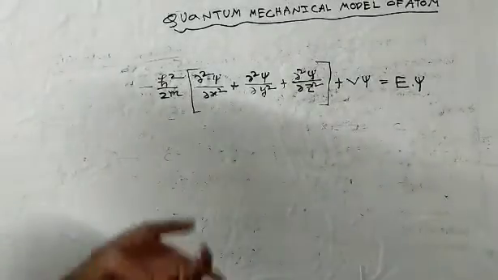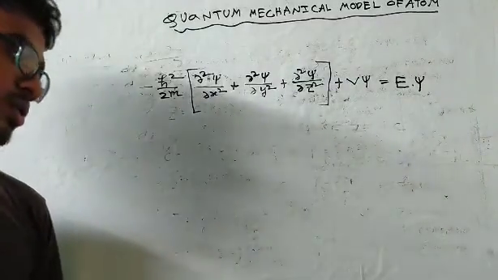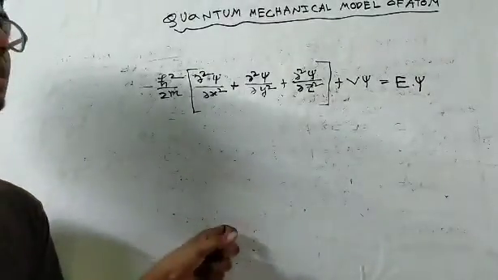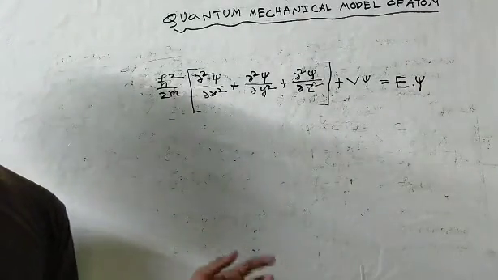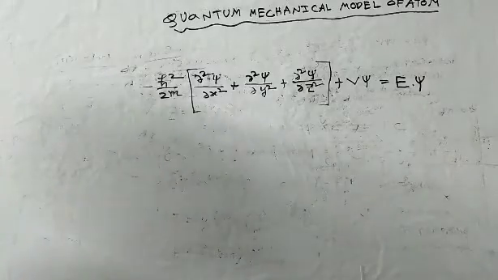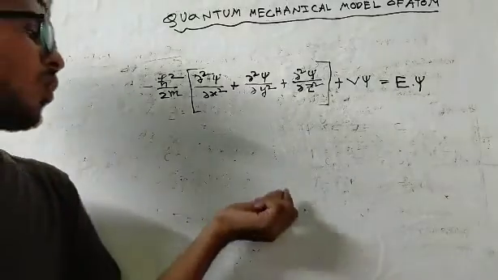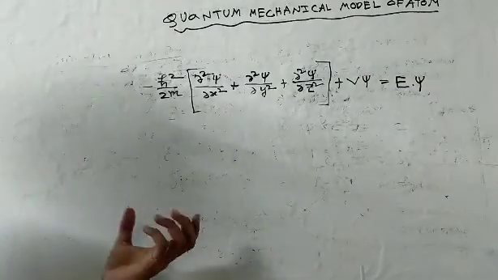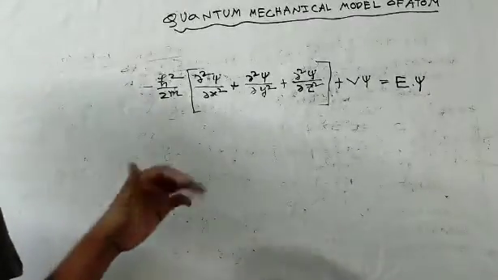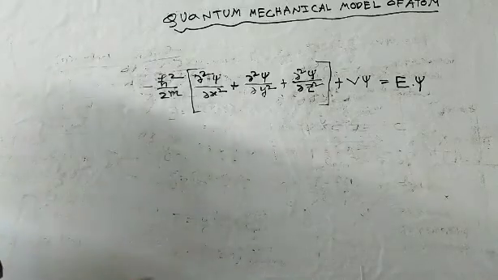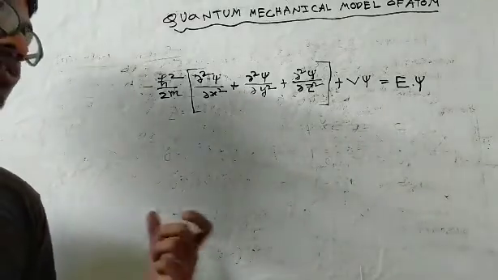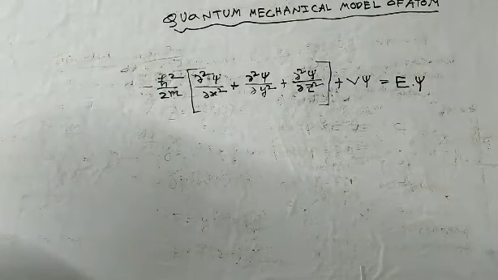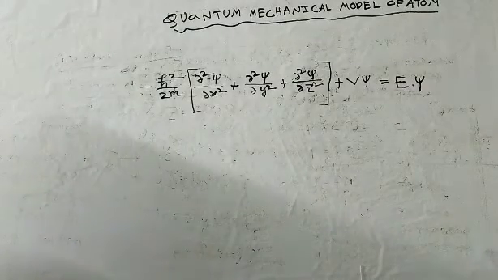Again, I am repeating: when you are solving dy upon dx, you get the solution y equals a function of x. When you are writing dp upon dt, your solution is p equals a function of t.